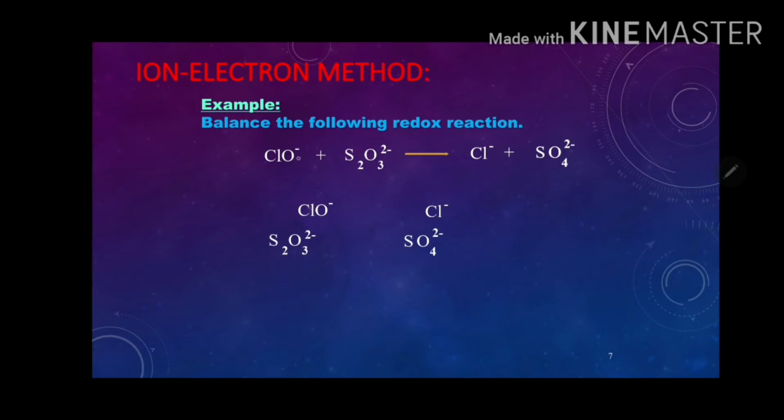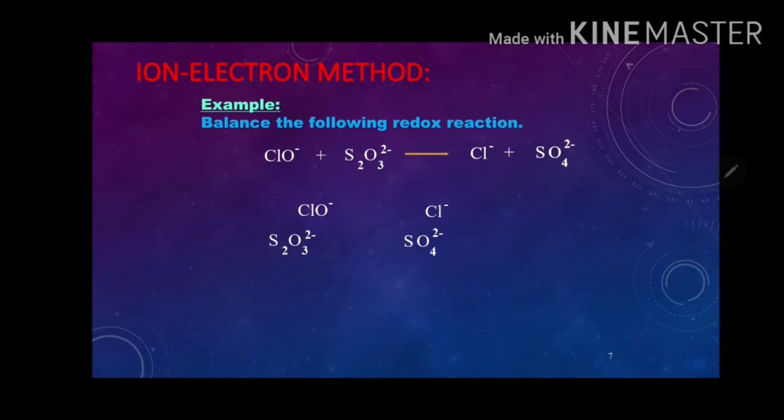If you notice, this is a redox reaction, so easier for you to identify. You can see the species are ions. So go through the steps, follow step by step.